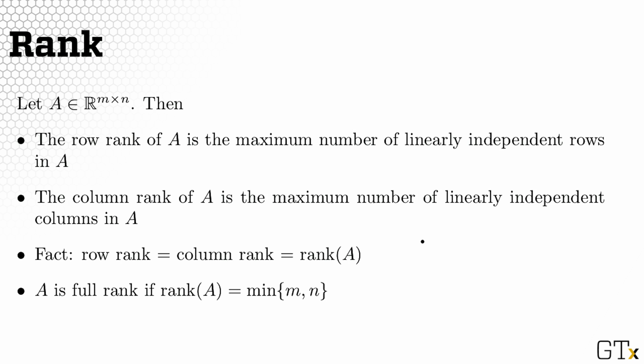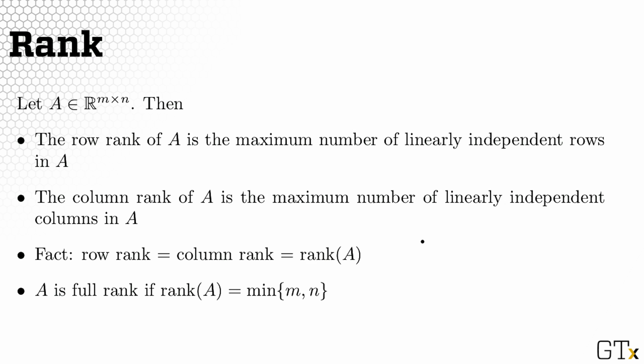That's called the row rank. Similarly, you can think of A as a set of column vectors, and the maximum number of linearly independent column vectors in that set is called the column rank. This is a standard fact from linear algebra that the row rank of a matrix is equal to its column rank, and that is known as the rank of the matrix A.